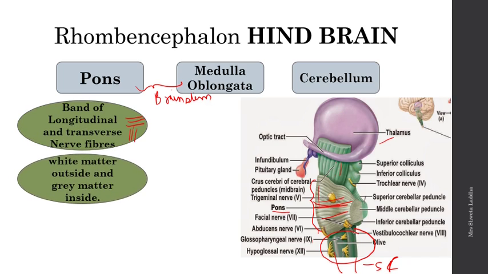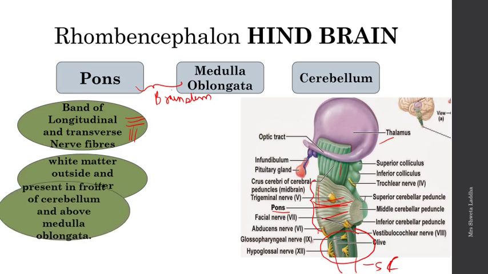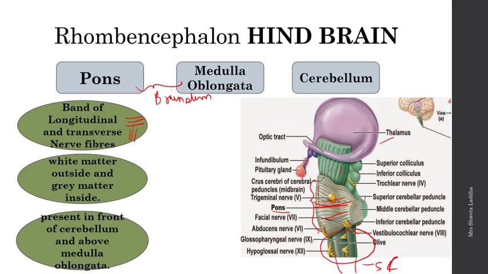Now, white matter is outside and gray matter is inside. This is opposite to the cerebrum and cerebellum, where white matter was inside and gray matter was outside. Here, in the pons, the medulla oblongata, and the spinal cord, white matter is outside and gray matter is inside.